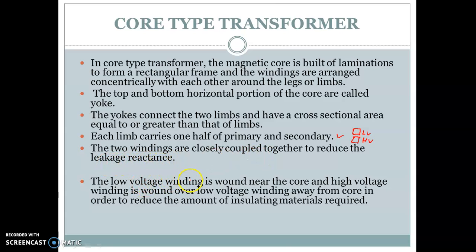The low-voltage winding is wound near the core and the high-voltage winding is wound over the low-voltage winding, away from the core, in order to reduce the amount of insulating material required. So these are some parameters for the core type of transformer.